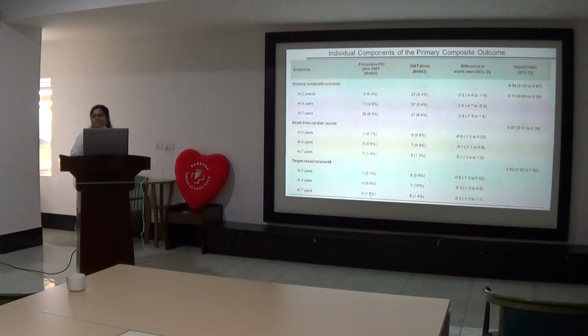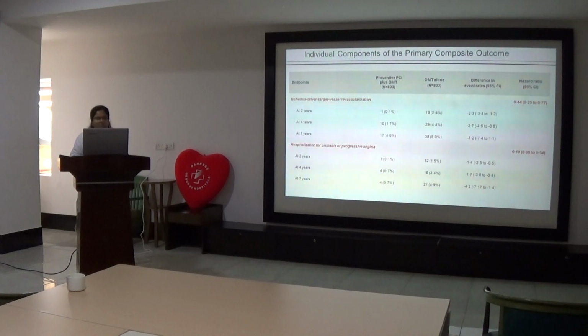Not a major vast difference, but primary composite. Ischemia-driven target vessel revascularization, there is a difference. At 2 years, it is only 0.1% compared to 2.4% for medical therapy. Continuing with 7 years follow-up also, the ischemia-driven is 4.9% to 8.0%. This is the one point of data in the primary. The rest mostly the ratio remains the same.